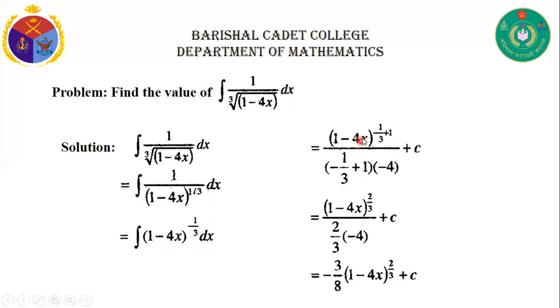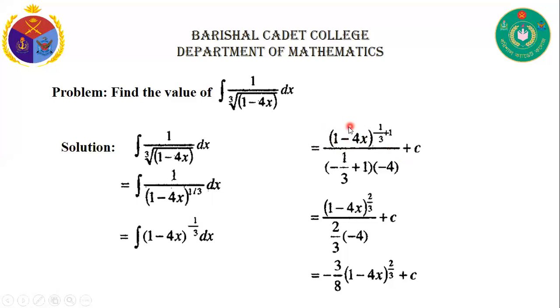that is 1 minus 4x to the power minus 1 by 3 plus 1 divided by minus 1 by 3 plus 1, into, here it is also the differentiation of this 1 minus 4x, that is minus 4. We also divide by the differentiation of this. Boys, you know that in differentiation we multiply by the value of differentiation, and here we divide by the value of differentiation, that is of 1 minus 4x.